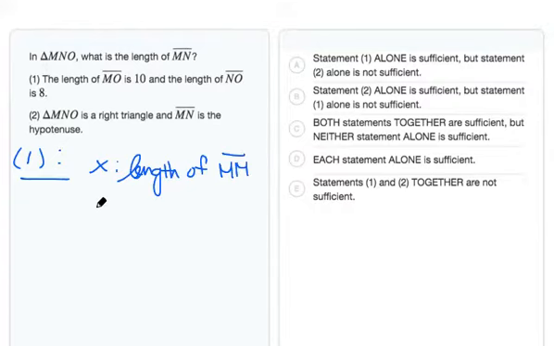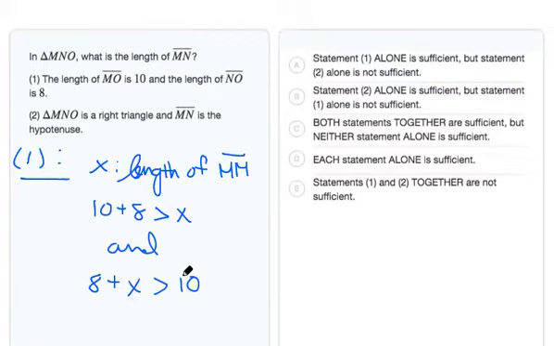We then know that 10 plus 8 is greater than x, and we know that 8 plus x is greater than 10, using the triangle inequality theorem. Putting the inequalities together, we have that 2 is less than x, which is less than 18.